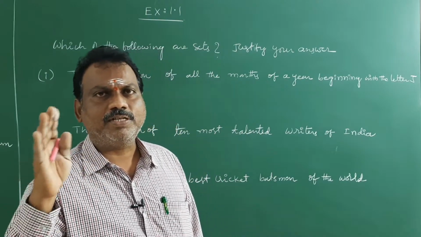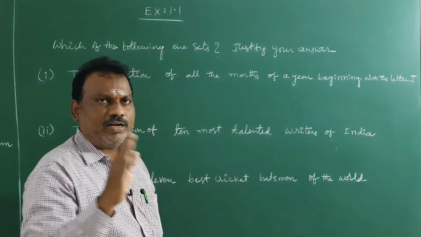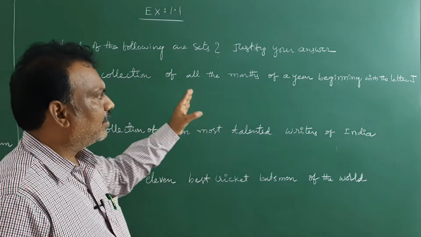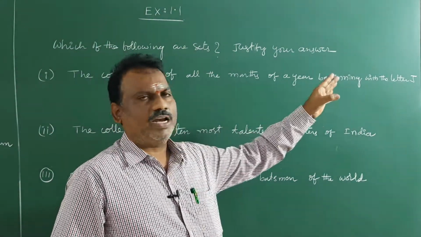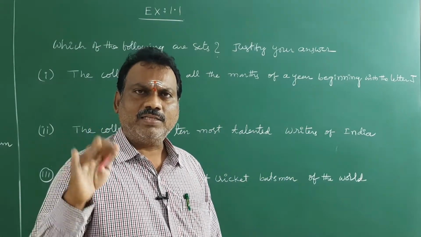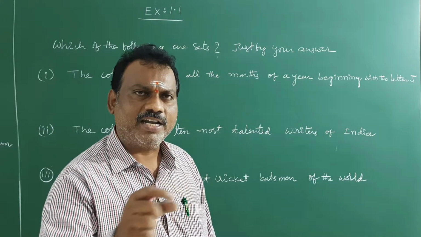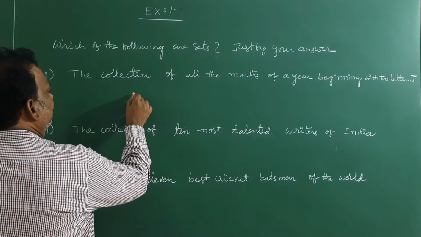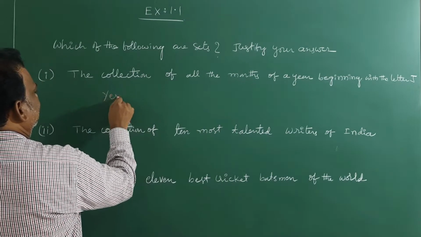Such kind of terms are not here. So it is a set. Correct or not? The collection of all the months of a year beginning with the letter J is well defined. You have to take all months in a year. There is a condition, starting with J. So you can write here, yes, this is a set.